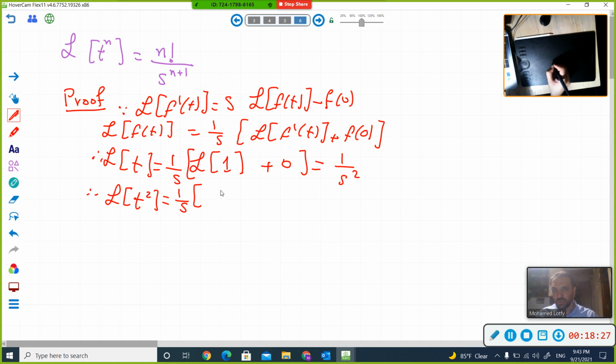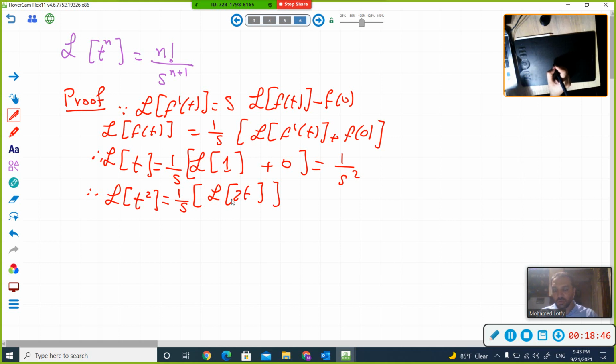So our new derivative is 2 times t, okay, and plus f of 0. F of 0, when you replace t with 0, it will be 0. So just 1 over s Laplace transform of 2t.